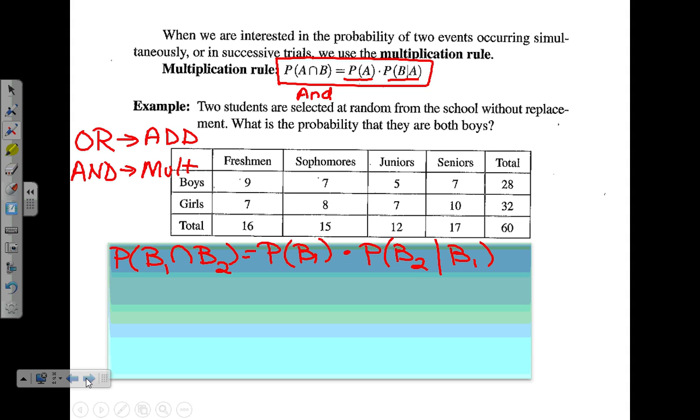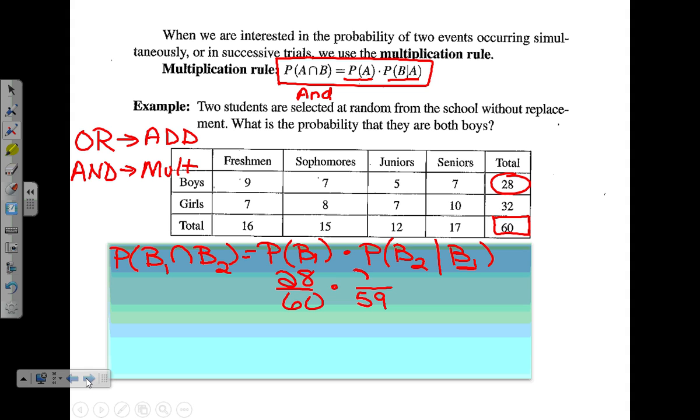So what's the probability that the first one's a boy? Well, if we look here, there's 28 boys out of 60 total. So this would, of course, be 28 over 60. Now, we have already pulled one boy out. So knowing that we have pulled one boy out, given that that has happened, what's the probability that we're going to get a second boy? So now there's only 59 people remaining.